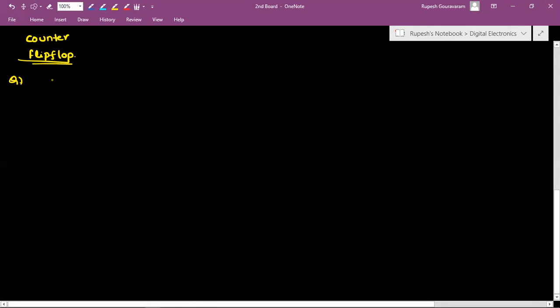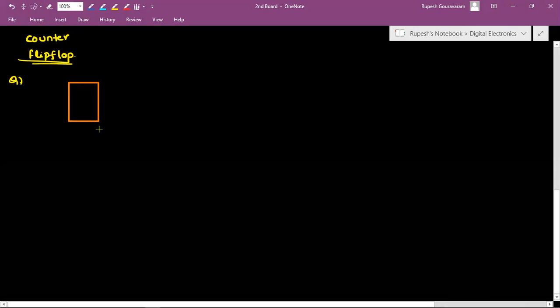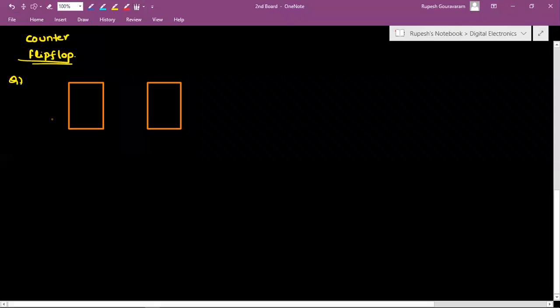The question goes like this. Two flip-flops are given like this. One flip-flop is like this and the second flip-flop is like this. And there is an input D1 here.